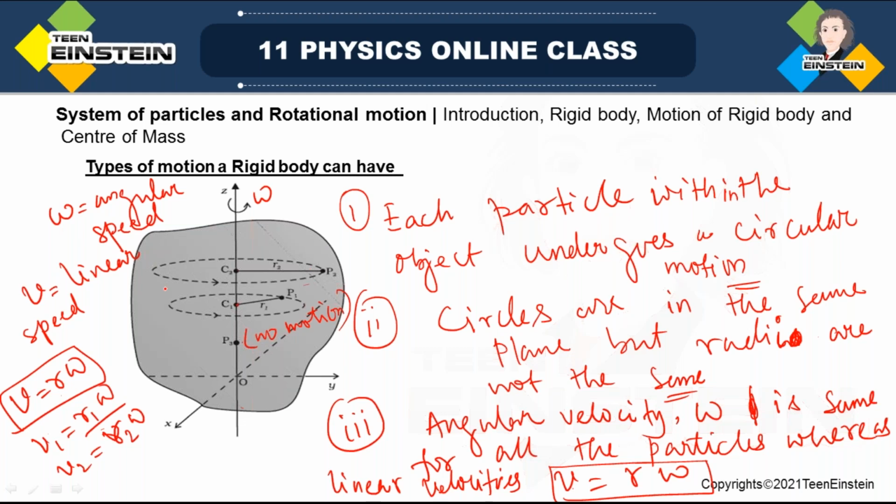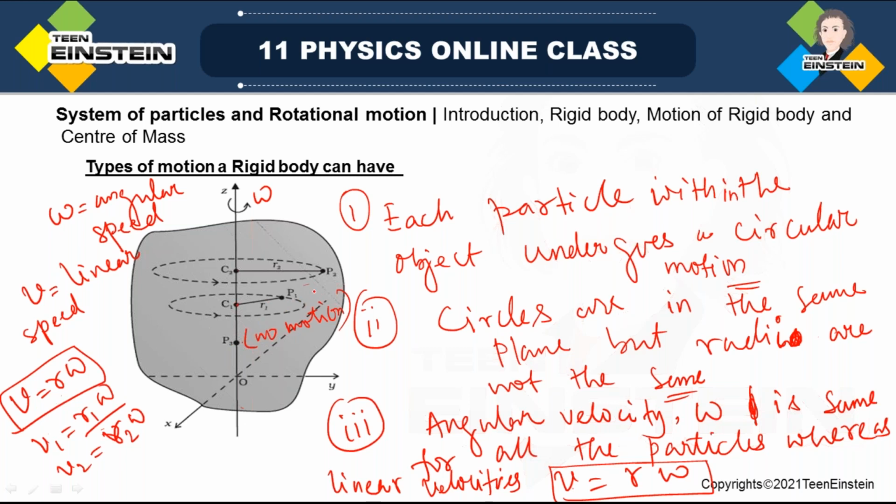So what we have learned is that during pure rotational motion of a rigid body, each particle undergoes circular motion, and the center of each circular path will be lying on the axis of rotation.